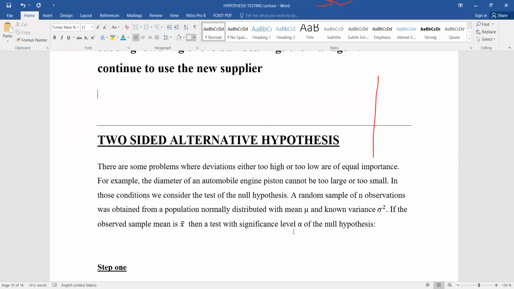For example, the diameter of an automobile engine piston can be too large or too small. In those conditions, we consider the test of the null hypothesis, a random sample of n observations. That is why we call it two-sided, where we need to increase or decrease.